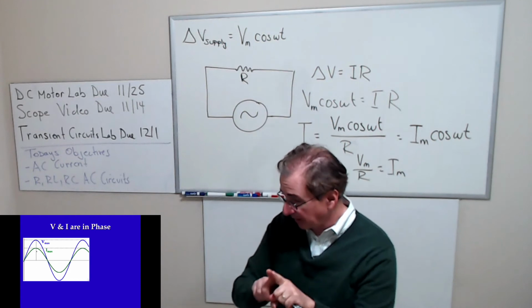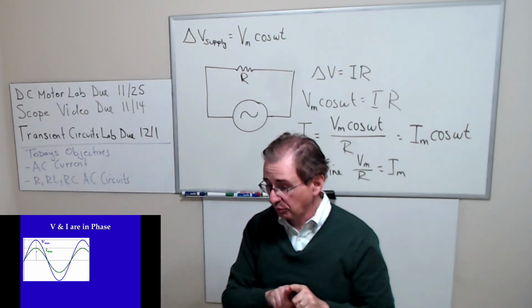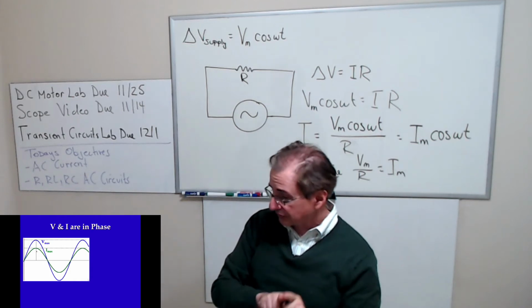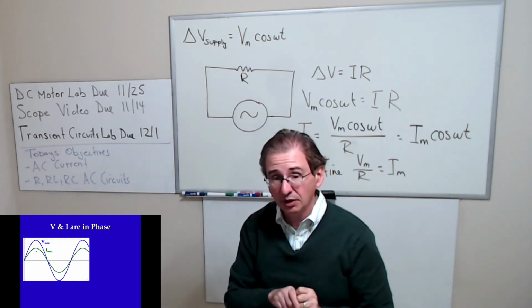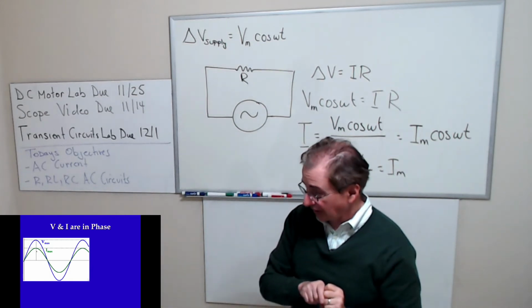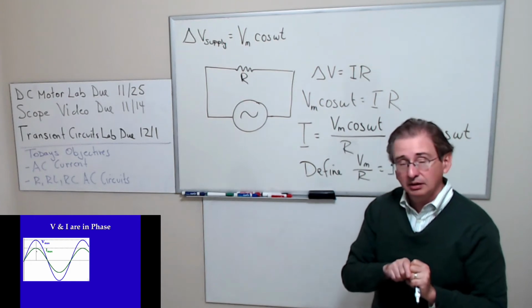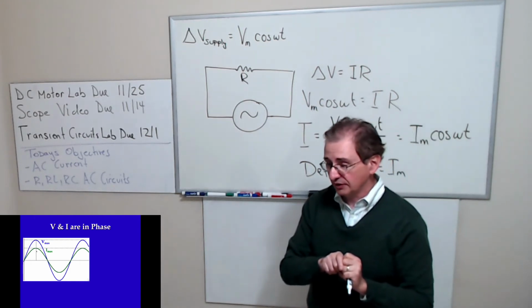It means the peaks come at the same point. The zeros come at the same point in time. And the troughs come at the same point in time. They cross the axis at the same point, they peak at the same point, and they have their minimum at the same point. There's no phase difference.